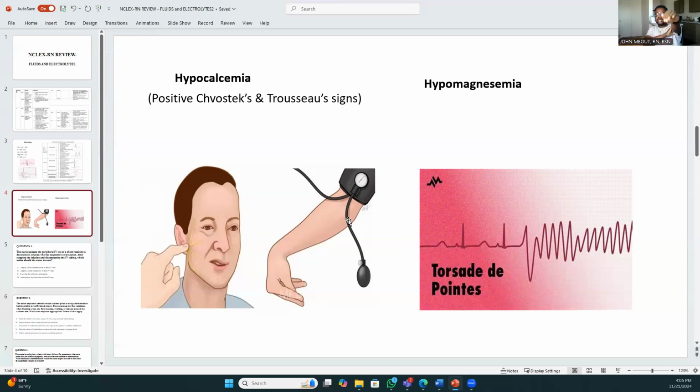You see the hand twist like this. It is a carpal spasm. Either it goes up or it goes down. These are the effects of low calcium in our system. I'll come back to hypomagnesemia.